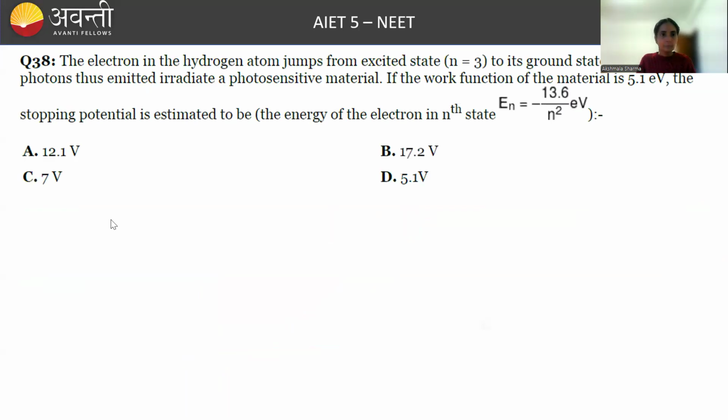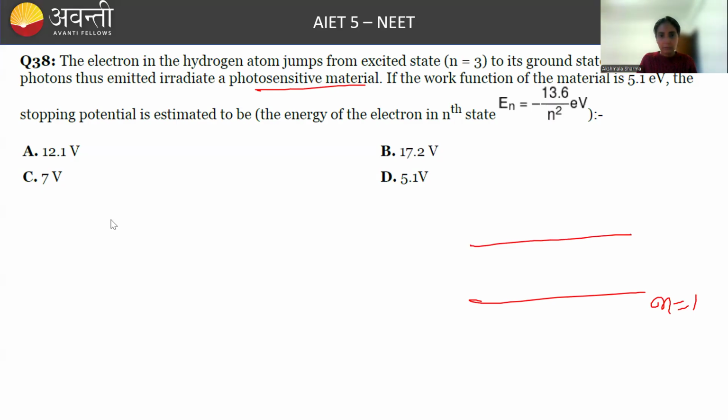Now, the electron in the hydrogen atom jumps from the excited state n equal to 3 to its ground state n equal to 1, and the photons thus emitted irradiate a photosensitive material. What is happening? Let's draw the ground state first.